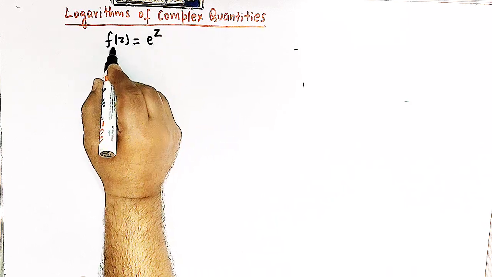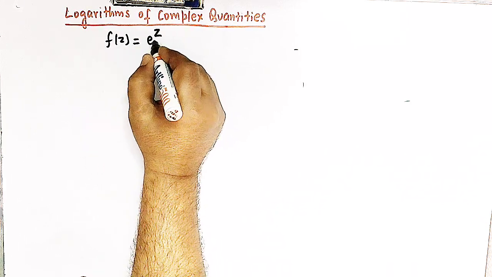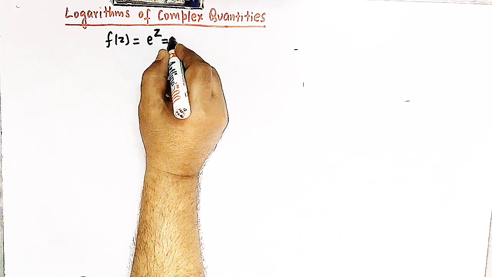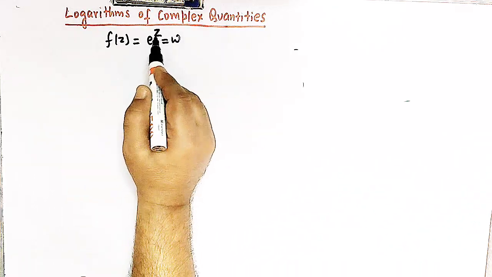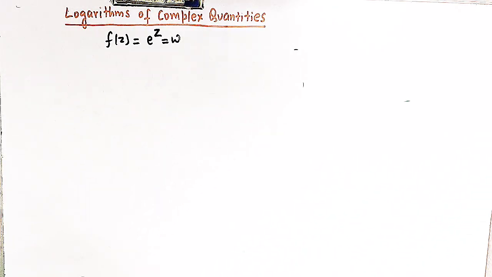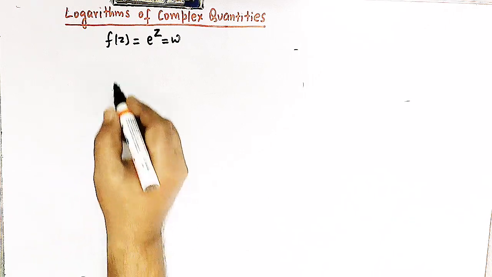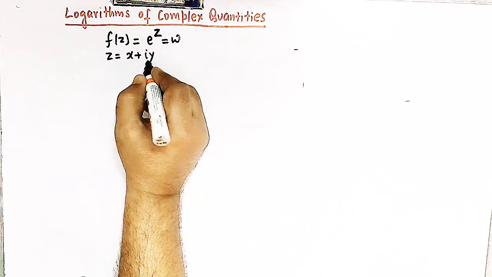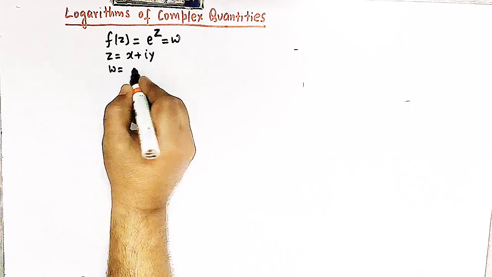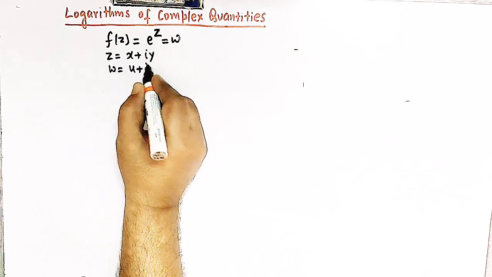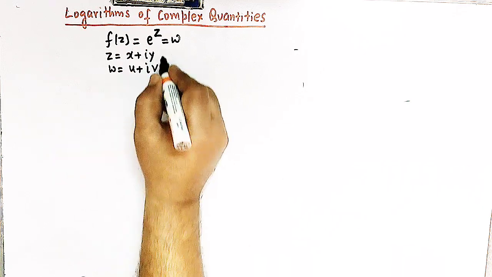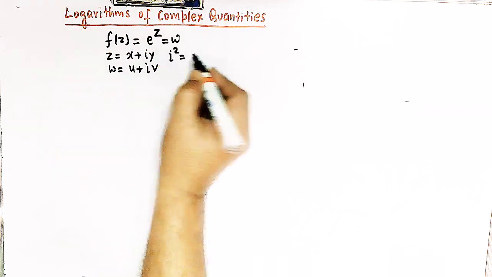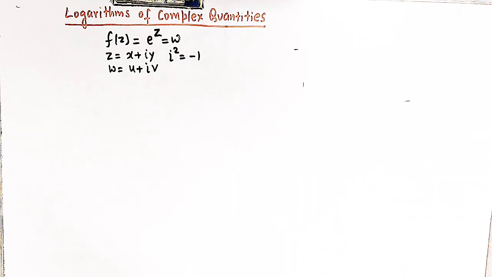So let us consider f of z equal to e raised to z, which is equal to w, where z and w both are complex numbers. Let us take z equal to x plus iota y, and w as u plus iota v, and i square is equal to minus 1.